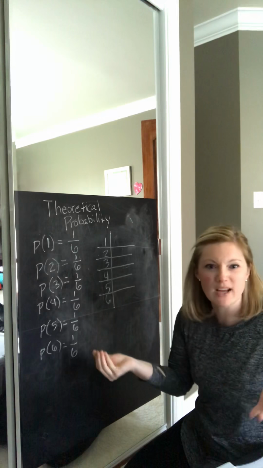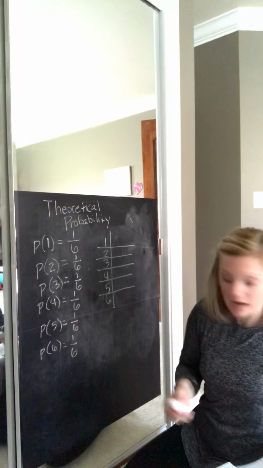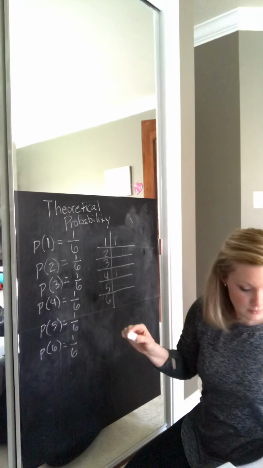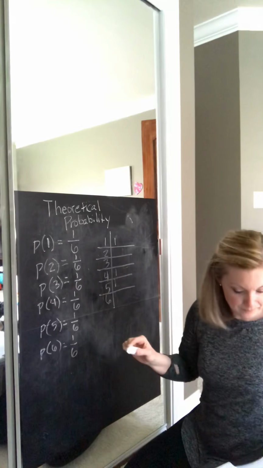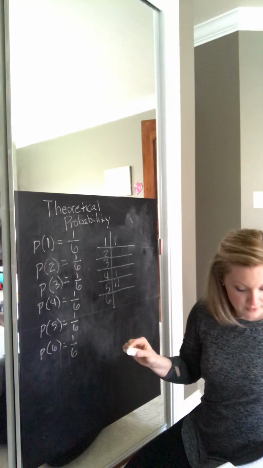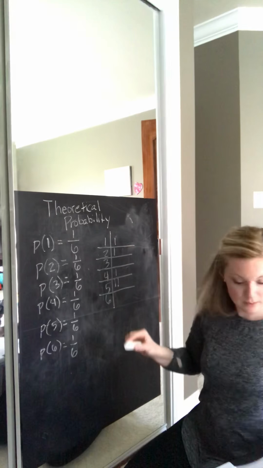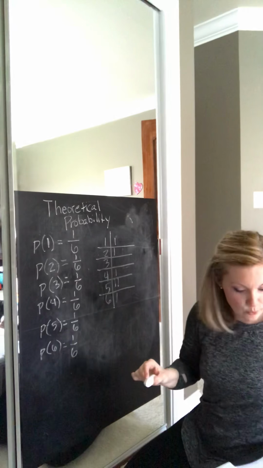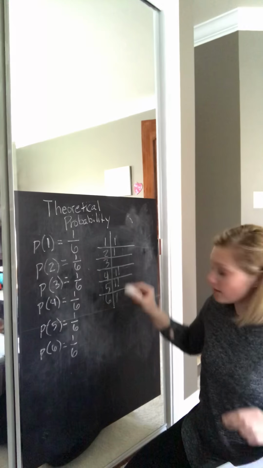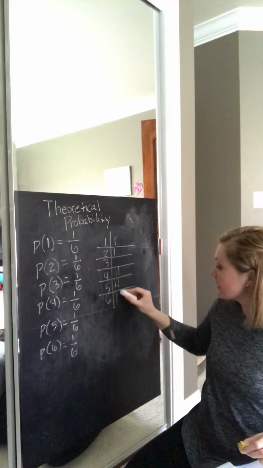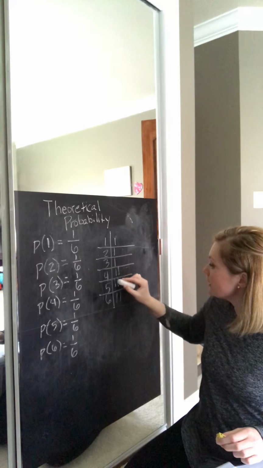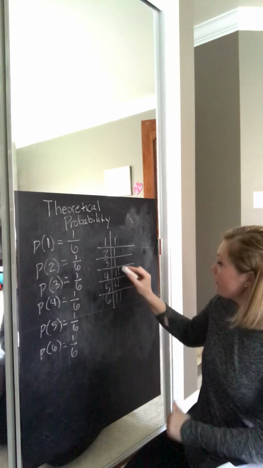I've just picked 10, a nice round number, okay? So I got a 4, I got a 1, I got a 5, I got another 5, I got a 2, I got a 6, oh geez, 1, 2, 3, 4, 5, 6, 4 more rolls. I got a 4, I got a 6, I got a 3, oh, one more roll, and I got a 3.